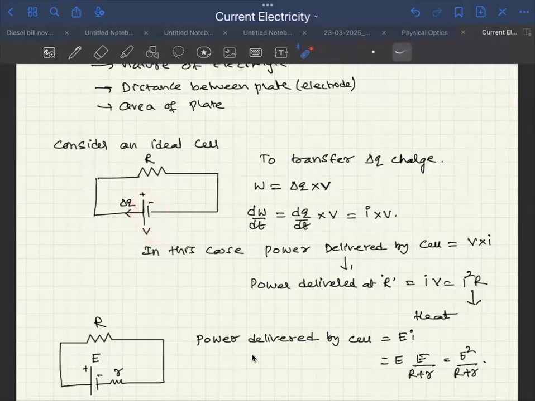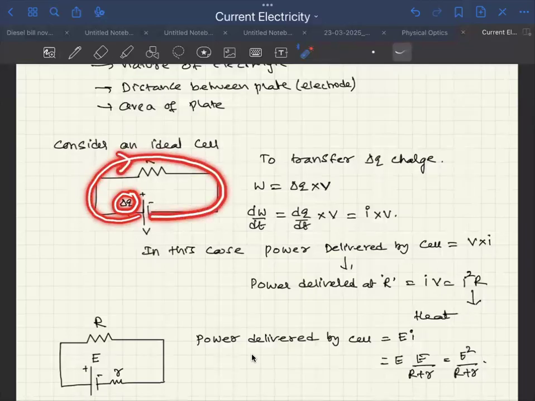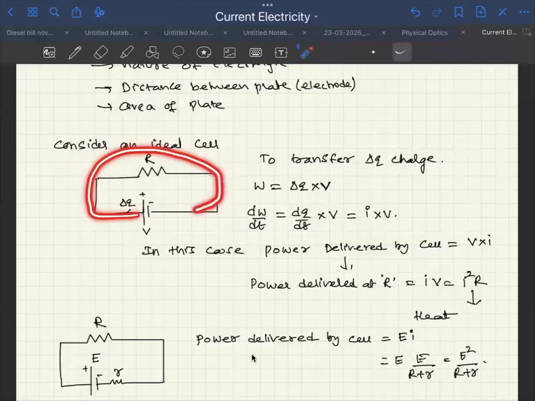At an instant, say this much amount of charge is transferred through the closed loop path between the two points. What is the potential difference between these two points? No one is answering.